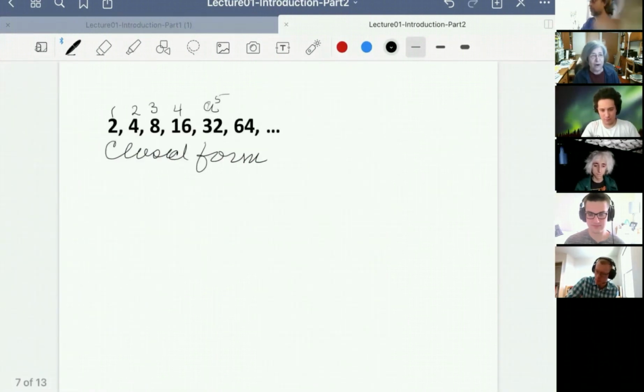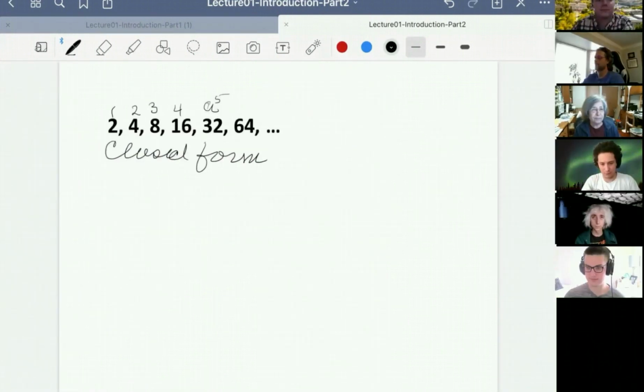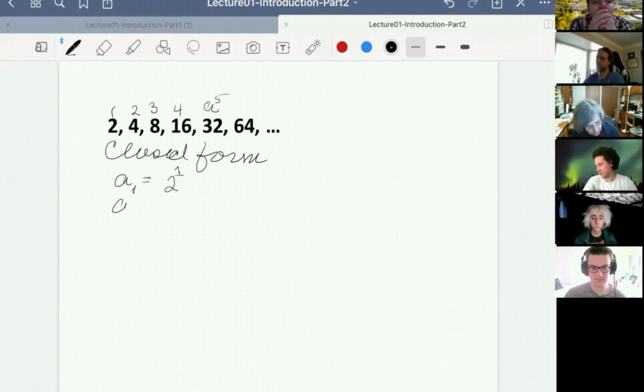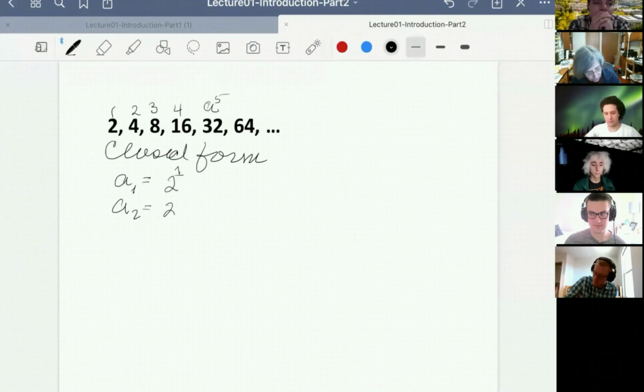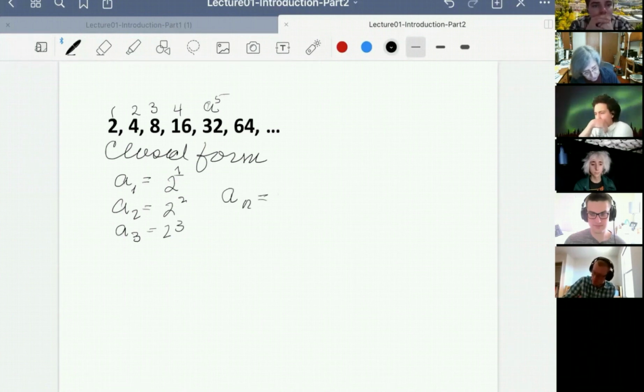Okay, closed form. Well, if we look at that, we see they're all 2 to a power. So A sub 1 is equal to 2 to the 1. A sub 2 is equal to 2 to the 2. A sub 3 is equal to 2 to the 3, which gives us A sub n is equal to 2 to the n.